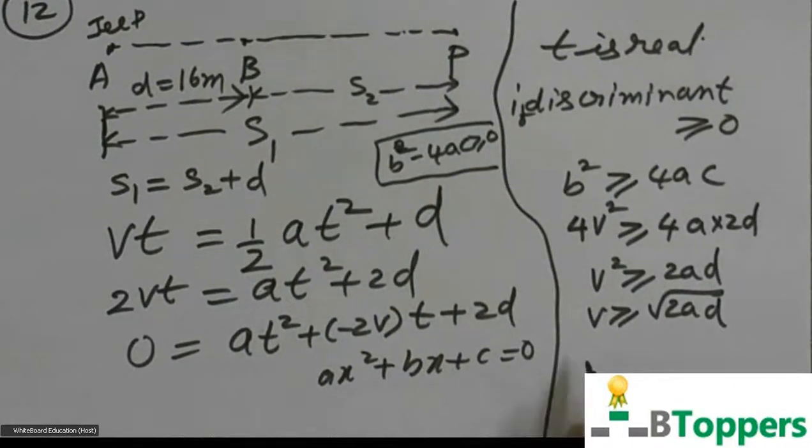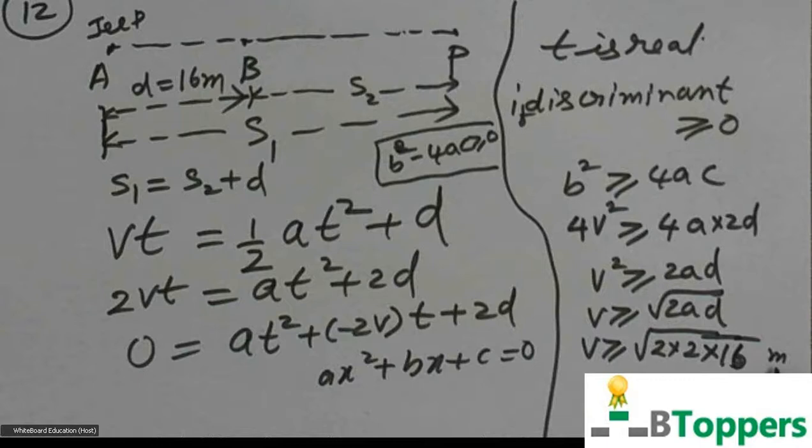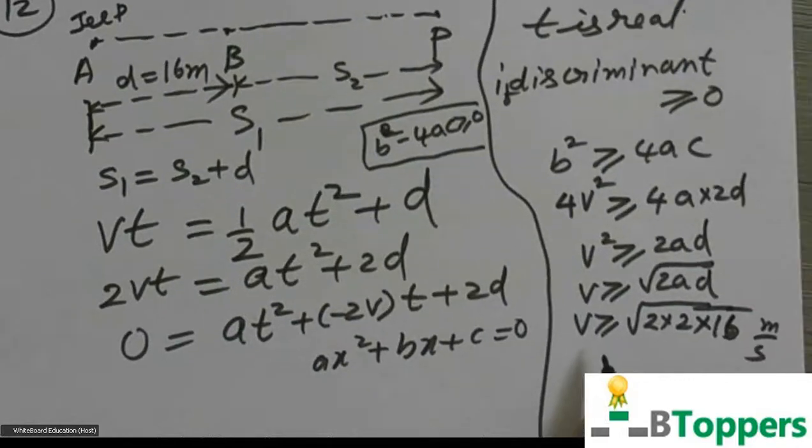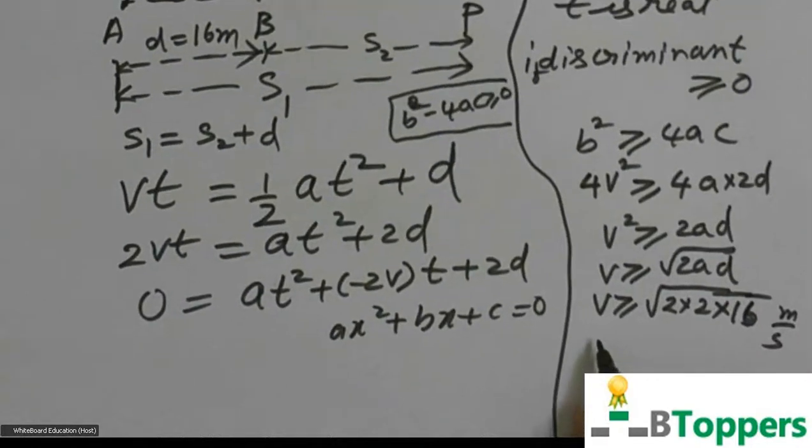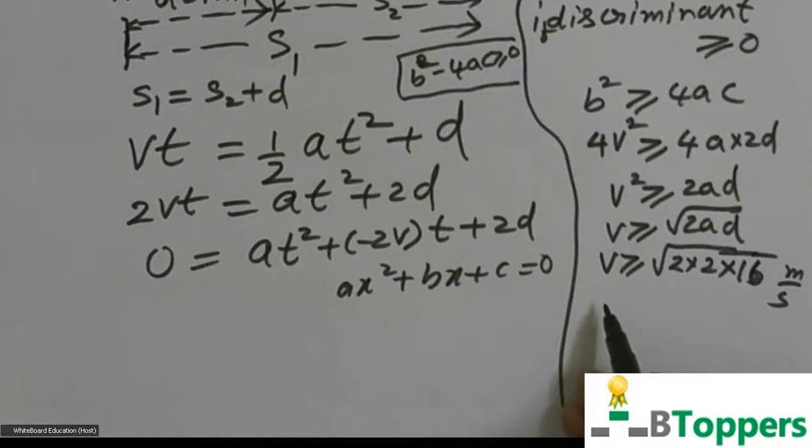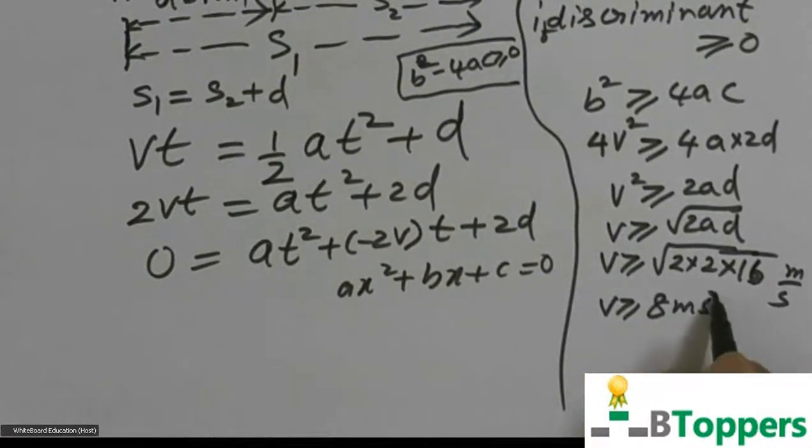In the problem you are given that A equal to 2 meter per second square and the initial distance D between the dacoit and police is 16 meters. So you can take D equal to 16 meters, A equal to 2 meter per second square. You can simplify this. So V should be greater than or equal to 8 meter per second.